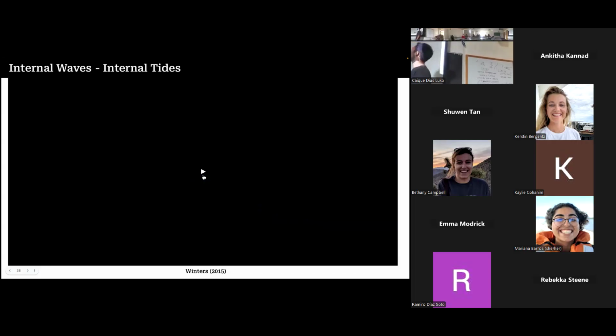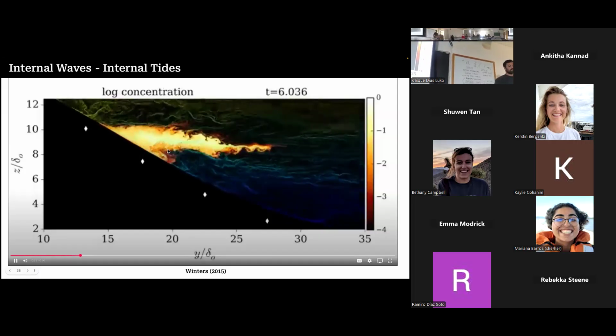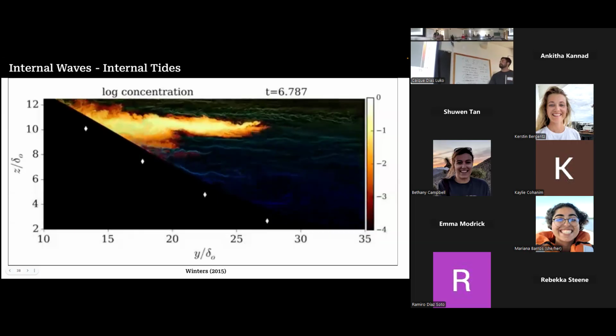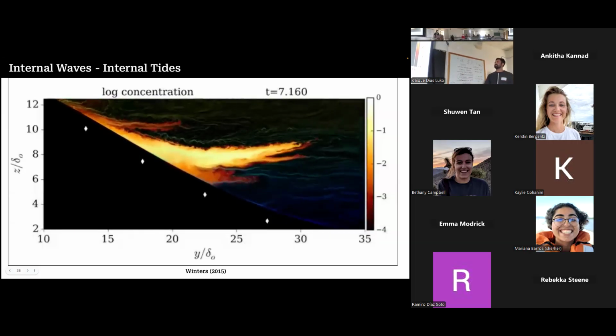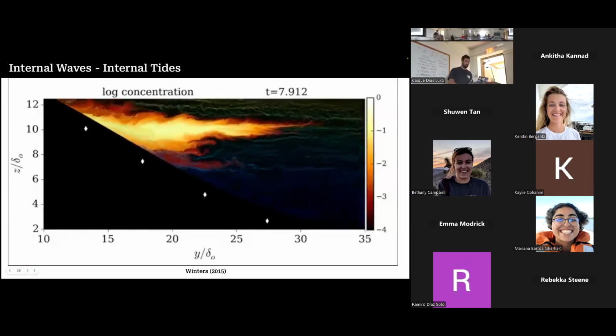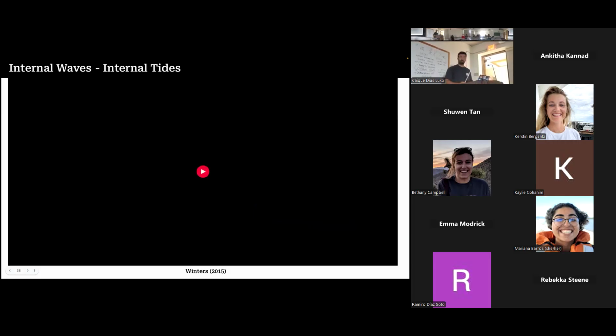In the beginning the tracers were way more concentrated here, but with time you can see that they mix away a lot. It's going to spread way more, and that's because of the effect of turbulence by the internal tides. So I'll play it.